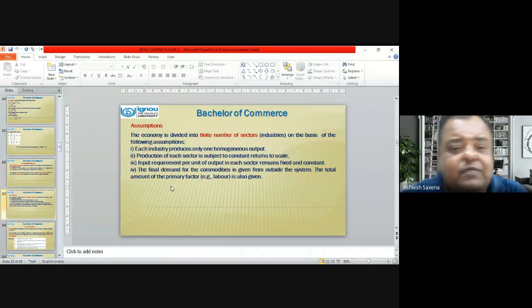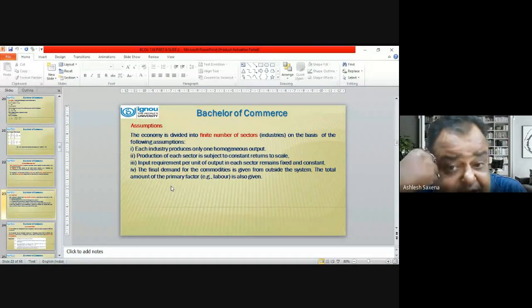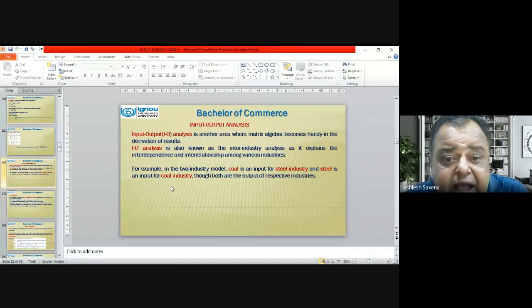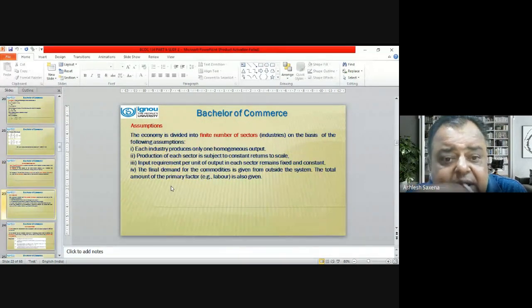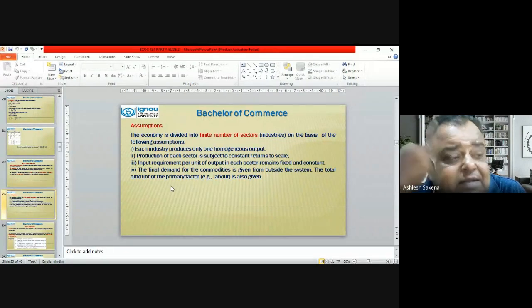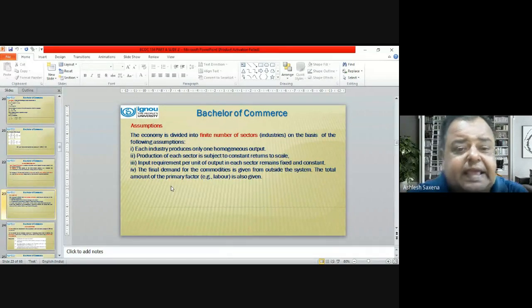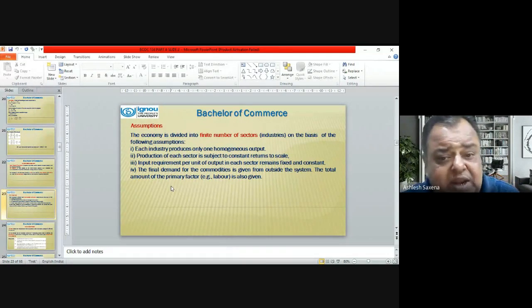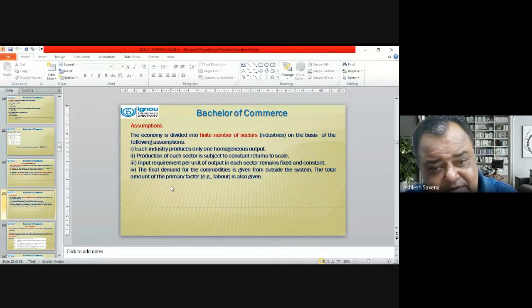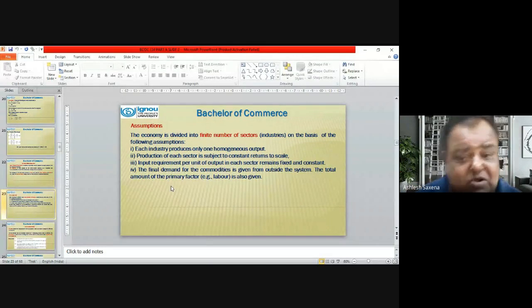Now, what are the different assumptions which are taken when we are analyzing IO analysis? The economy is divided into a finite number of sectors, that is industries. Each industry produces only one homogeneous output. Production of each sector is subject to constant returns to scale.